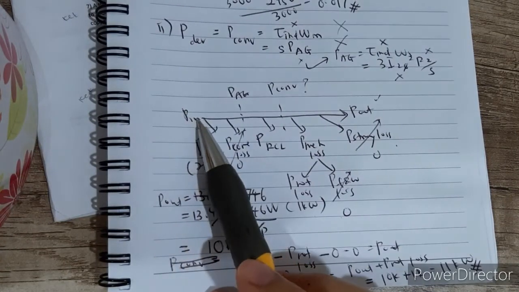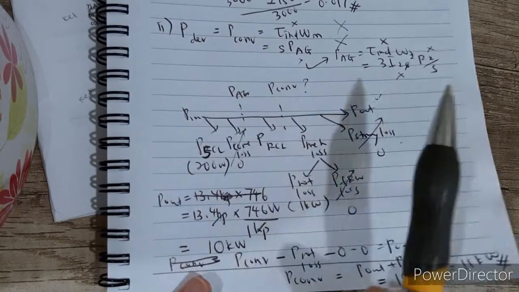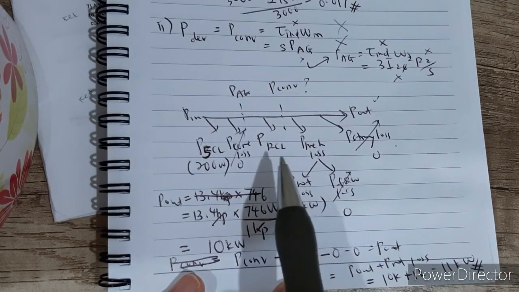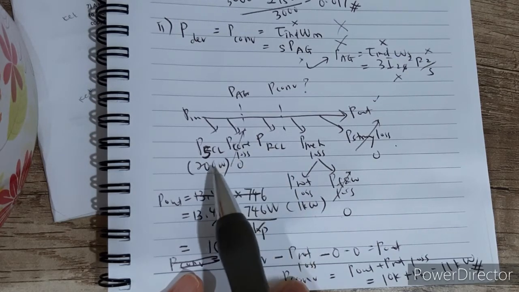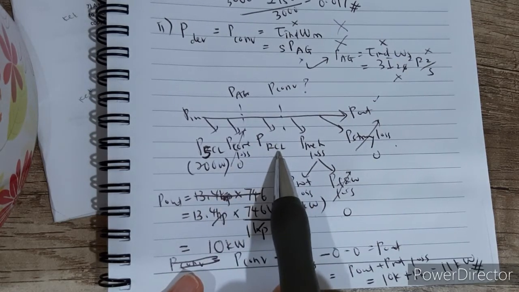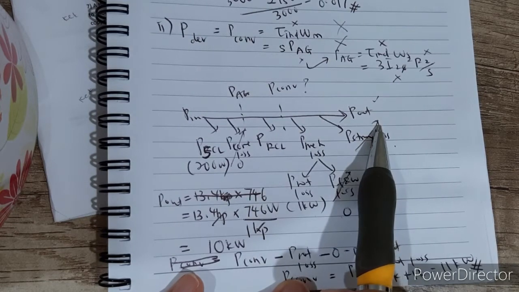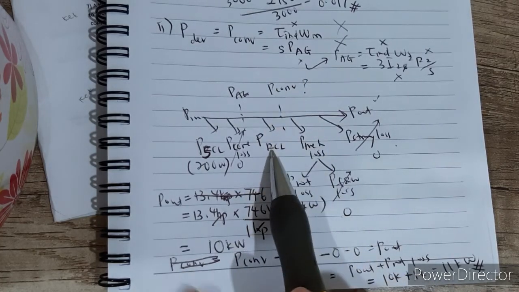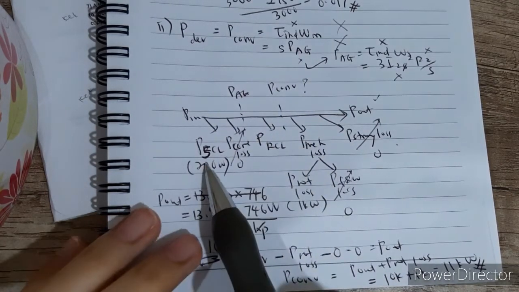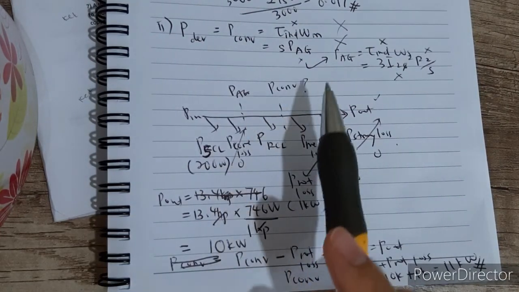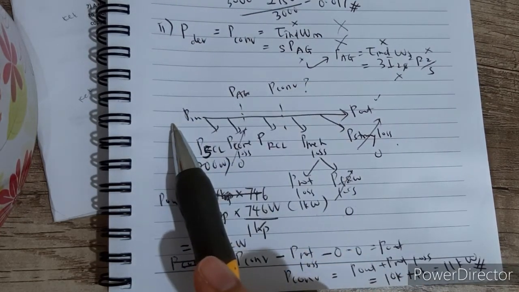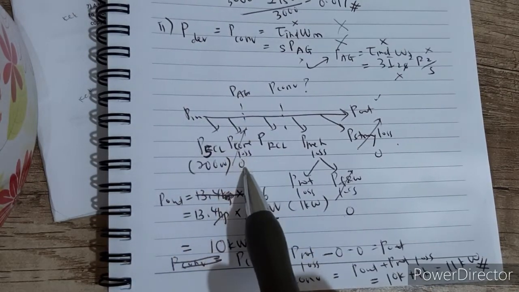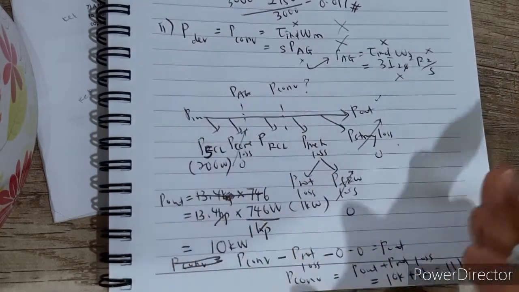P in equals P out plus P rotational plus P RCL plus P SCL, but we don't know your P RCL, so we can't use P out. P in also equals P converted, which we do have, plus P RCL, which we don't know, plus P SCL, which we have. So we cannot use P converted to find P in. Finally, P in also equals P air gap plus 0 plus 200, so we can use that.